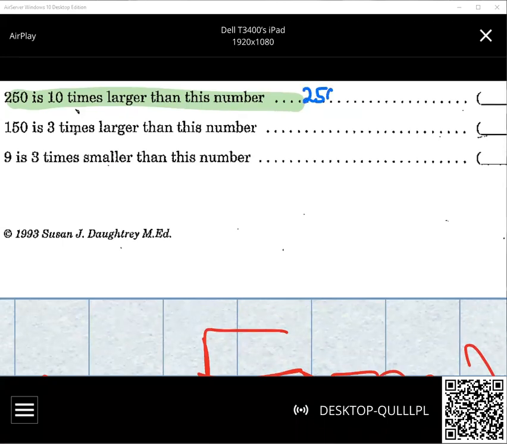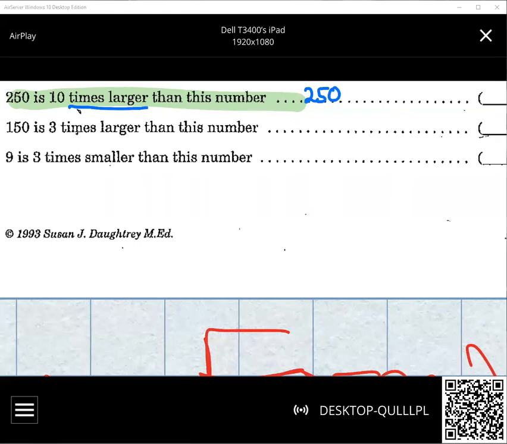250 is 10 times larger than this number. What does the word 10 times larger mean? It's 10 times bigger. Beautiful. It actually means bigger. So 250 is 10 times the number x. So how do I work out the value of x? You need to divide 250 by 10.